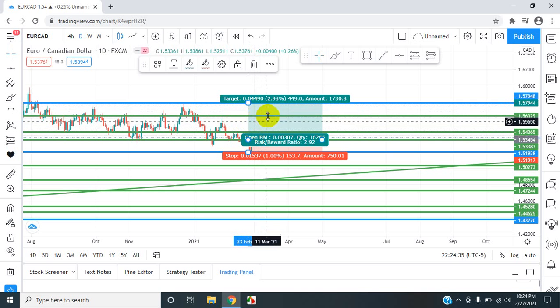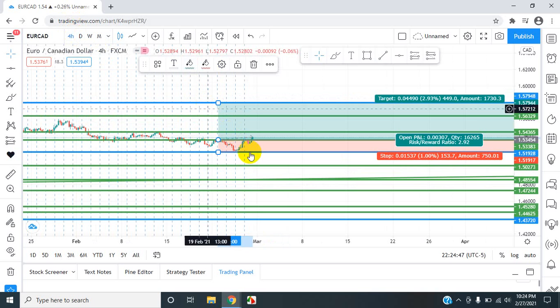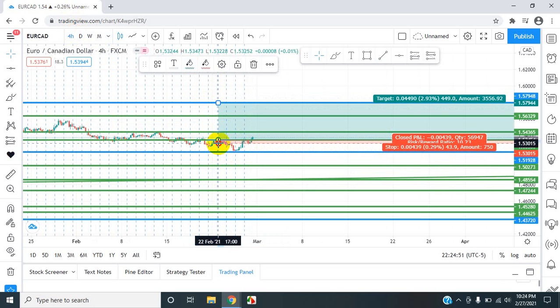So if we set our target, it will give us a total of 449 pips, which is an amazing move. If the market goes back, let's see how far it can be, and that will possibly be a 43 pip low. So 449 pips on the way up, 40 pips on the way back.